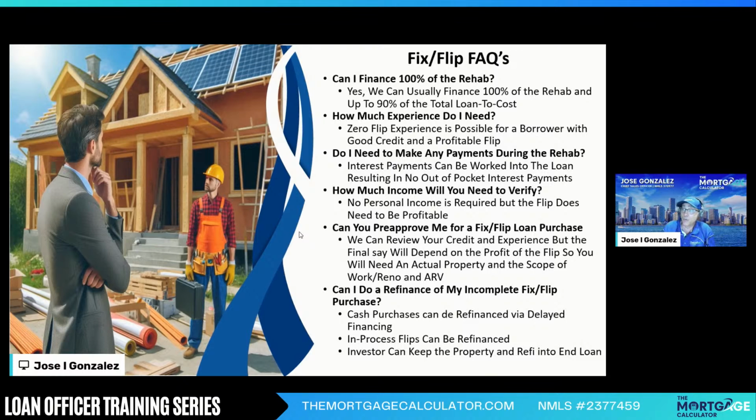You can pre-approve the borrower, like let them know, based on your track record, their experience level, and based on your credit score, as long as the ROI of the property meets the minimum standards, yes, we could pre-approve you for a flip.